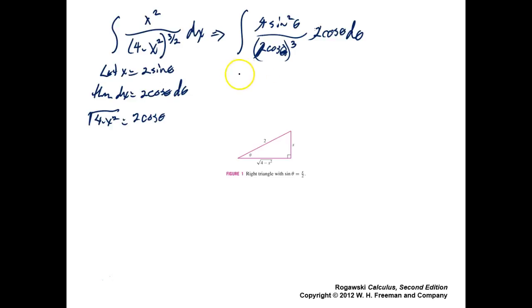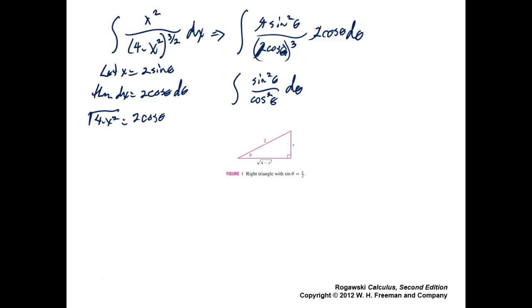What does this form result in becoming? Sine squared theta over, okay, except you got a cosine theta up here too, d theta.